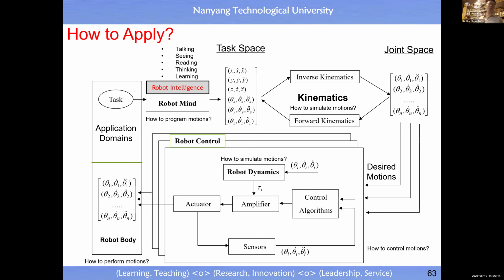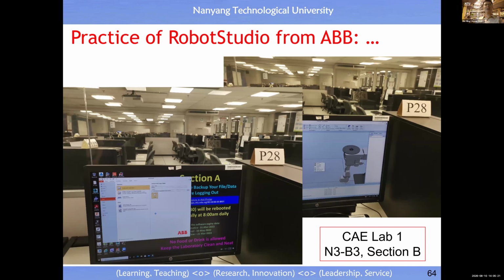If you follow this blueprint, you should be able to come up with the design of any advanced robot with intelligence inside. And we have this Robot Studio for you to use. Amma will be in charge of providing guidance to you for experiments and hands-on practice.